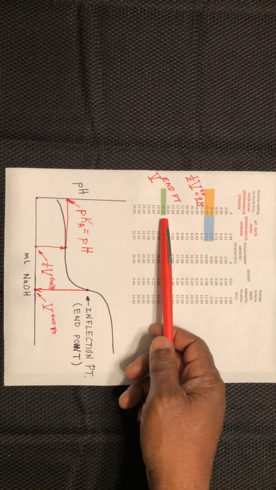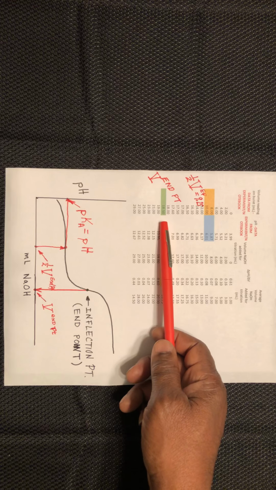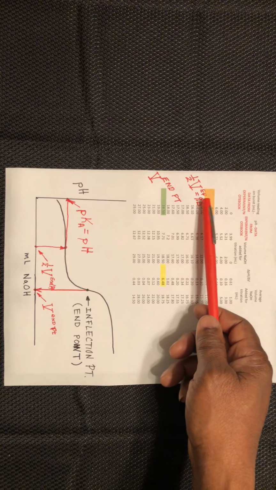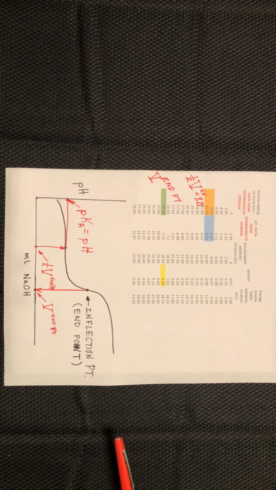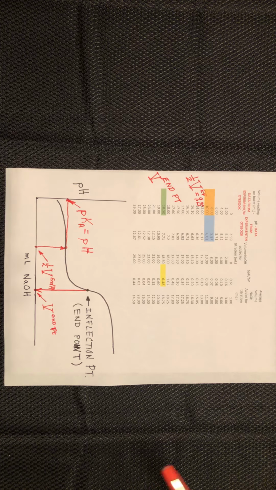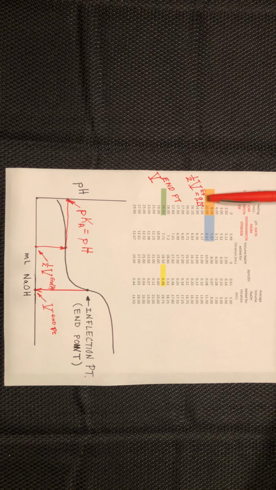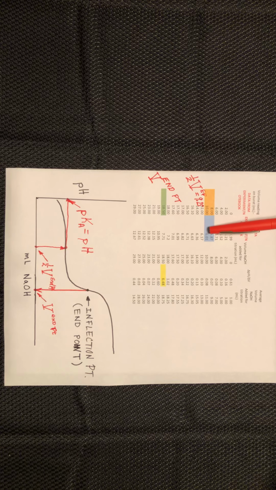Now, once I know that, then I can simply take 1/2 the volume at the endpoint, in this case 9.25, okay? And I'll need to then extrapolate from that 1/2 volume point over to my pH list, and I can estimate the pH at that 1/2 volume point.